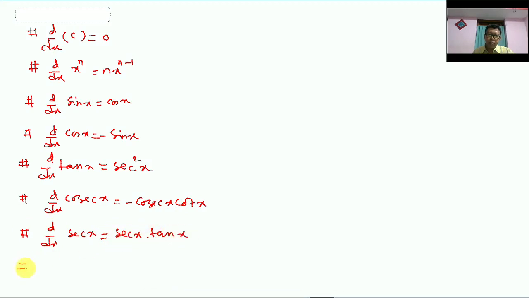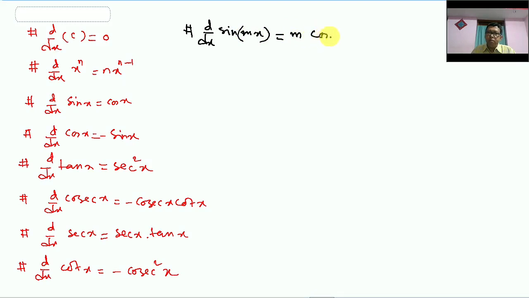Next, d/dx of cot x is equal to minus cosec square x. Write all of this. Next, d/dx of sin mx, where the angle is mx, is equal to m cos mx.